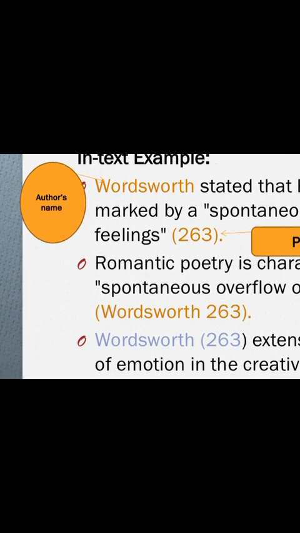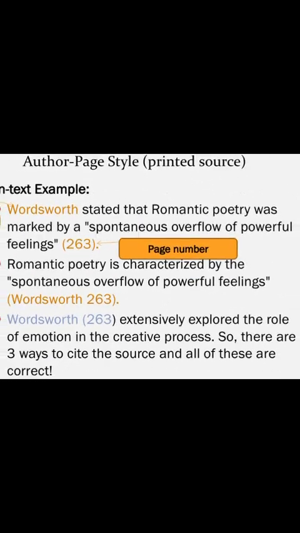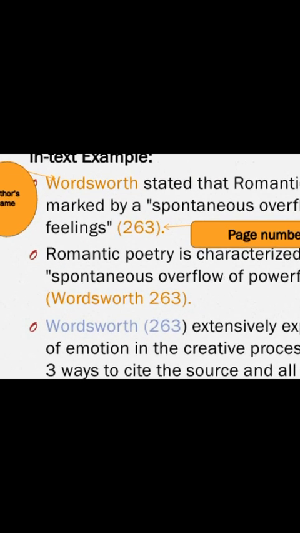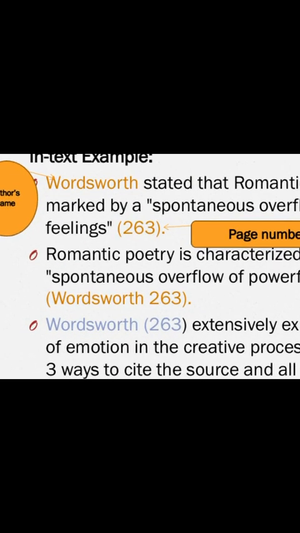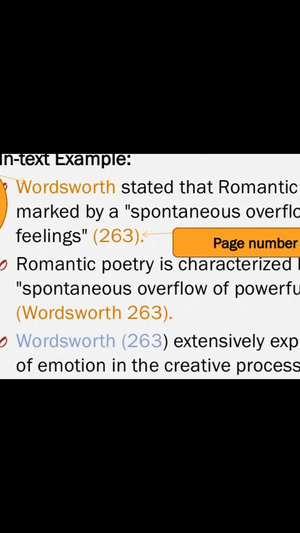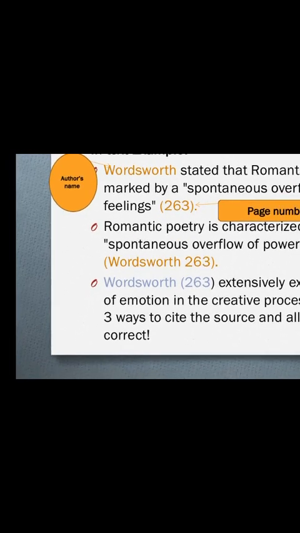Here we have Wordsworth stated that romantic to the end of the sentence, and at the end we put the page number inside parentheses, and then we put the full stop.